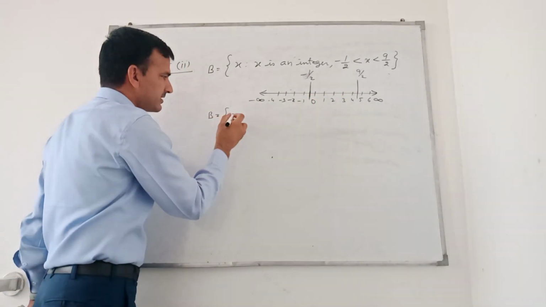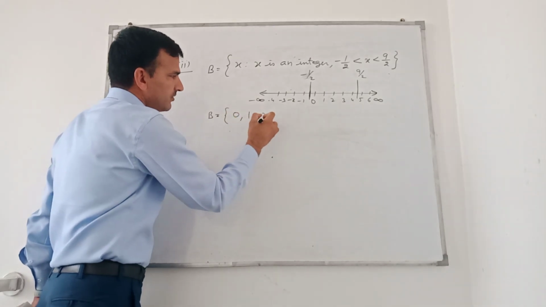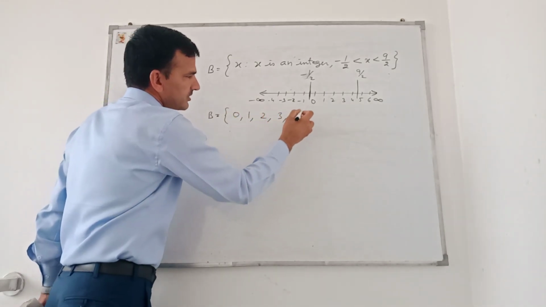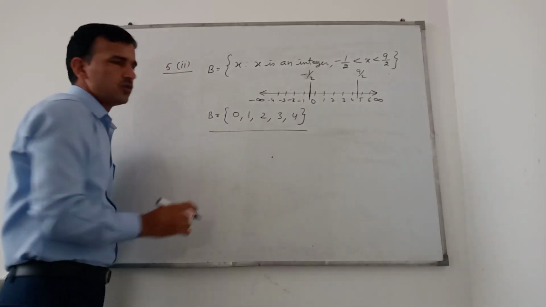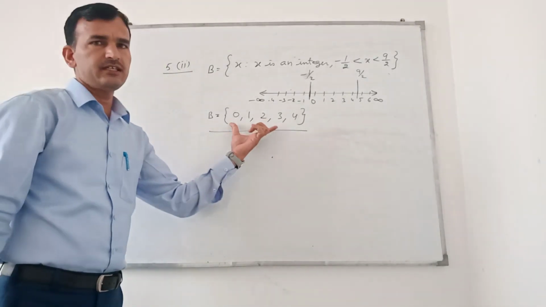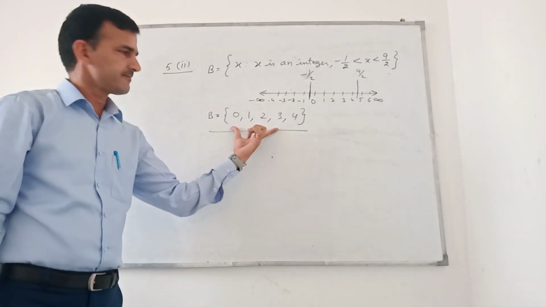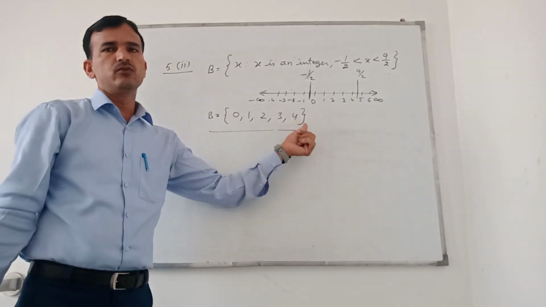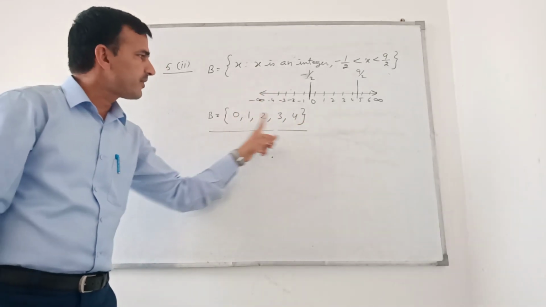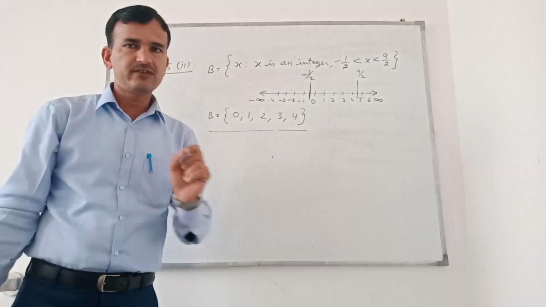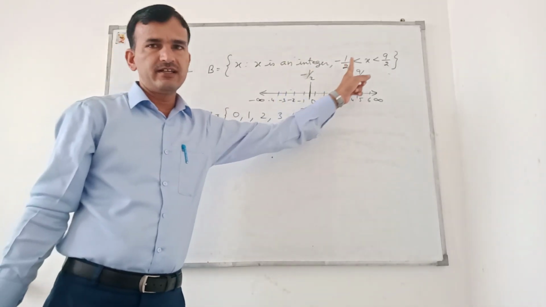Then set B contains 0, 1, 2, 3, 4. There are only 5 elements in this set, because these 5 numbers lie between -1/2 and 9/2.